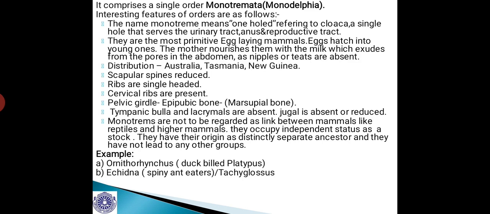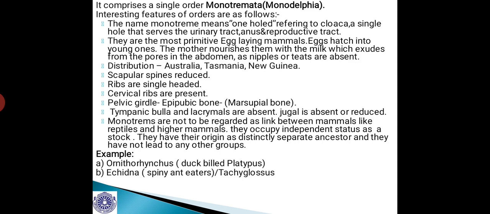And the tympanic bulla and lacrimals are absent, jugal is absent or reduced. Monotremes are not to be regarded as a link between reptiles and higher mammals, and they occupy an independent status as a stock, having their origin from a distinctly separate ancestor, and they have not led to any other groups. So that is the evolutionary importance of these prototherians.